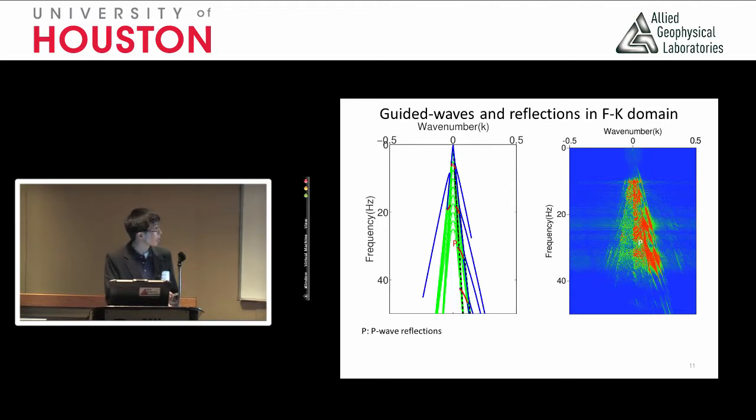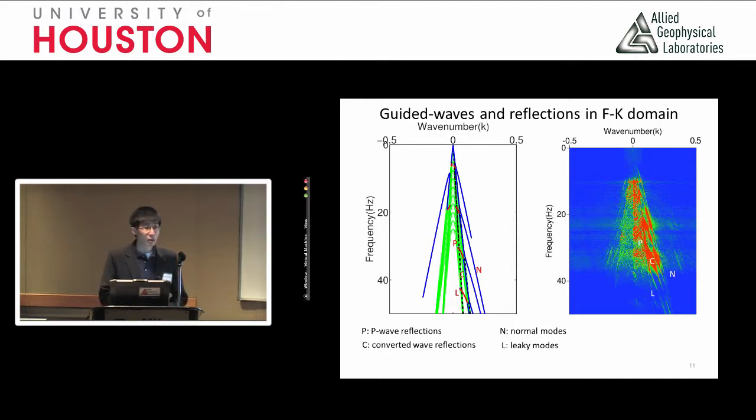In this FK domain, we also plot the P wave reflections, which are over here, and the converted refraction, which is the secondary hyperbola over here. We can see that if we want to acquire multi-component data from the seafloor, the guided wave, which is the normal mode, overlaps with our converted wave over here.